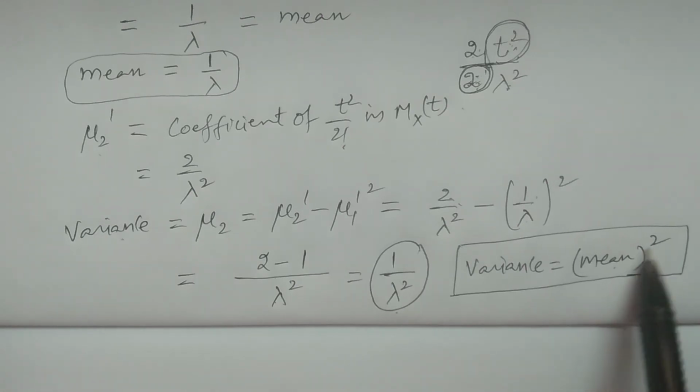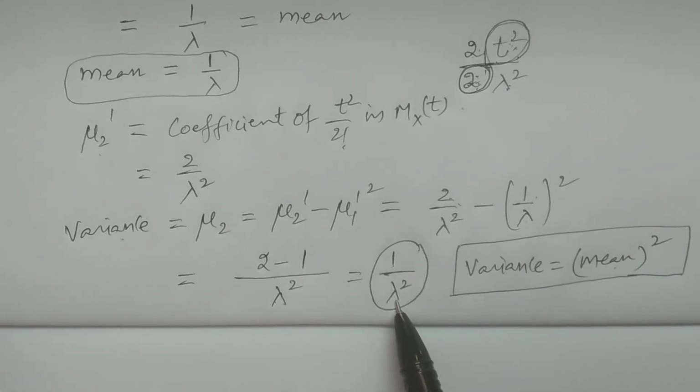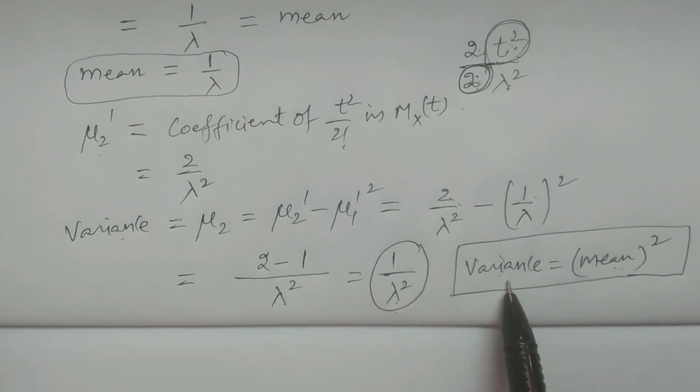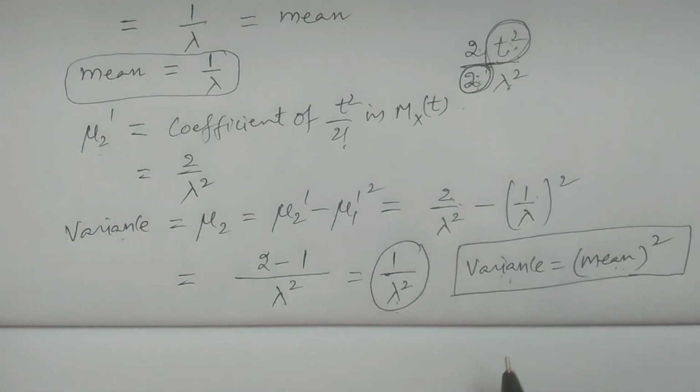Since (1/lambda) the whole square is 1/lambda^2, you will get the variance. Mean is 1/lambda and variance is 1/lambda^2. So this is another relation between the mean and variance of the exponential distribution.